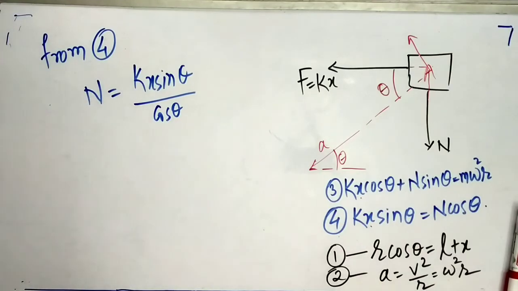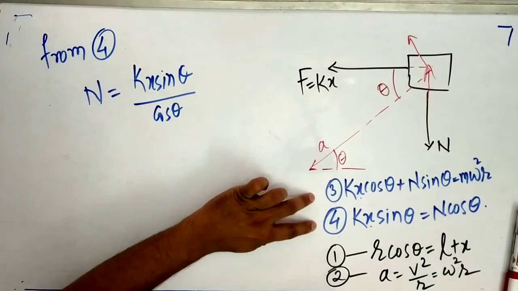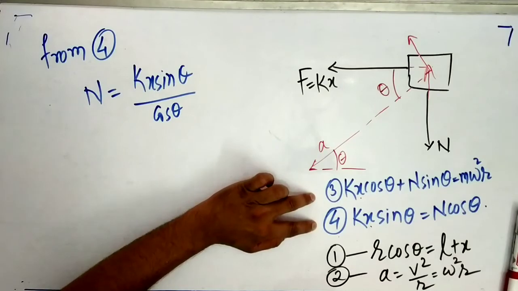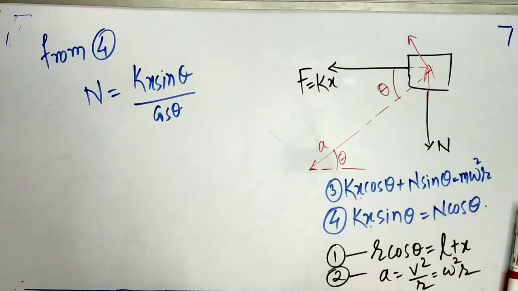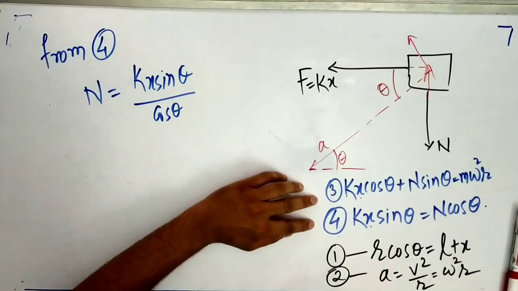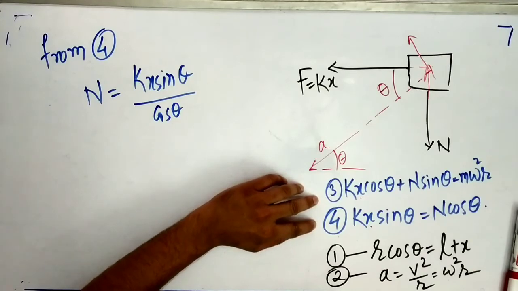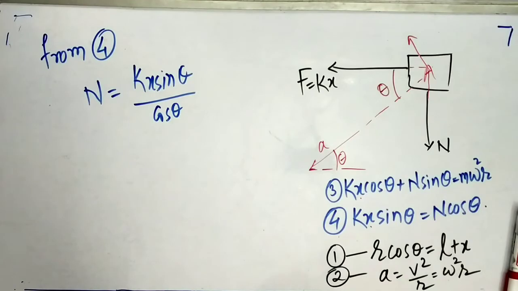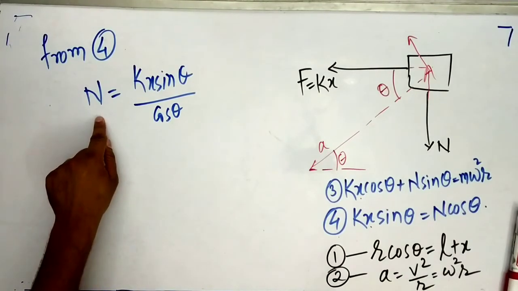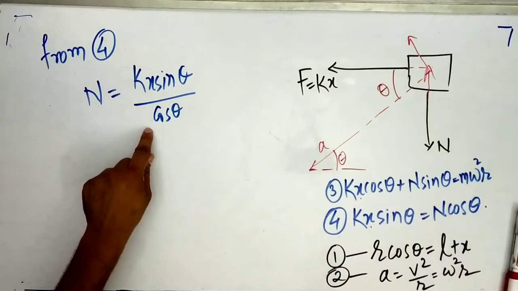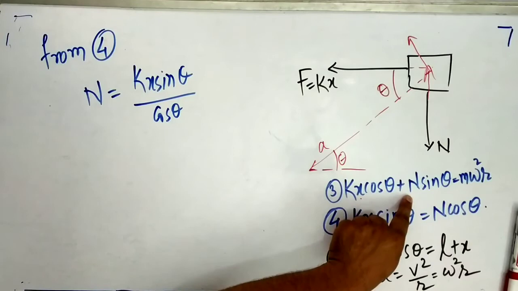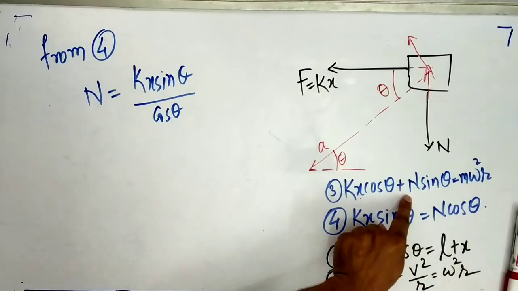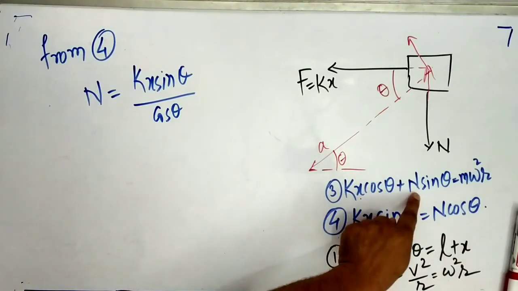So we have two equations involving our unknown, which is the extension x. We have to solve these two equations to find the value of x. It's very simple. What you do is you put the value of n, which is equal to Kx sin theta divided by cos theta, in equation number 3 here.